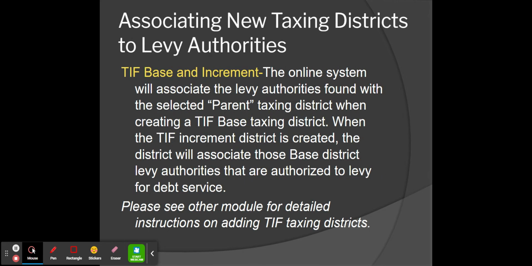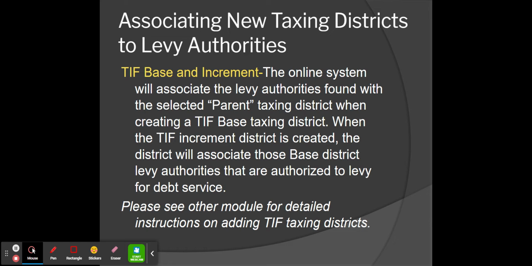uniform naming conventions. As far as addition of taxing districts and what you need to do when you add those for TIF base and increment districts, when you add those in the online system, it's going to ask if it's a TIF district. And so it's going to do some of the work for you in that it will associate the levy authorities found within the selected parent tax district when you create a TIF base taxing district.